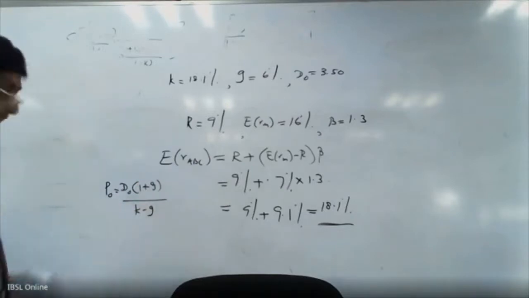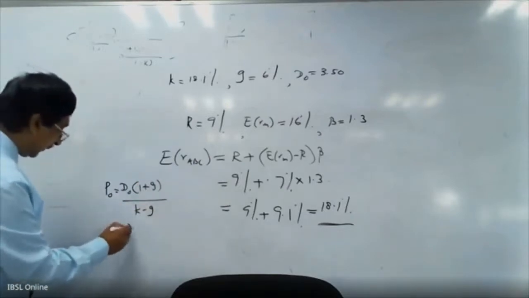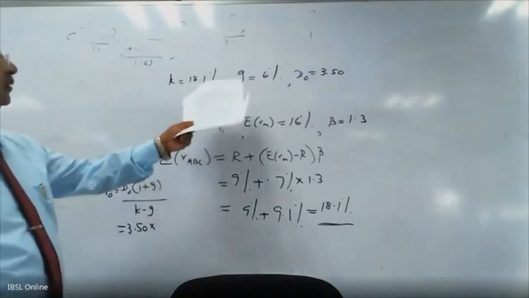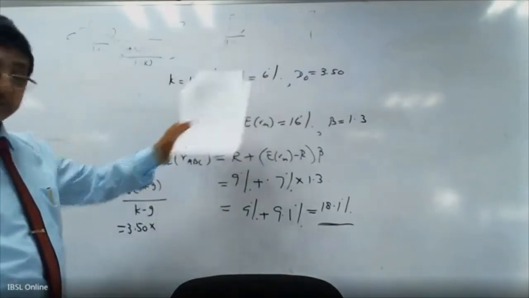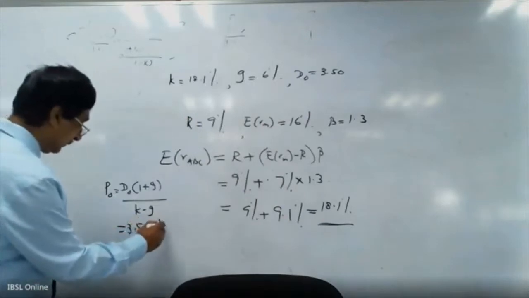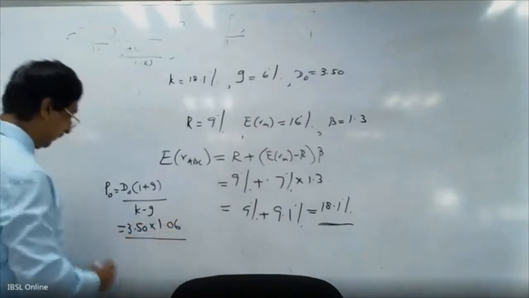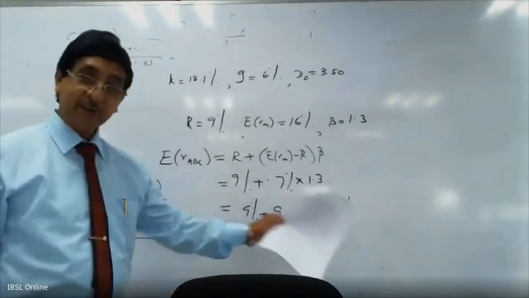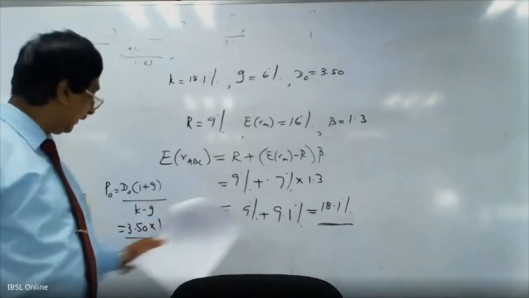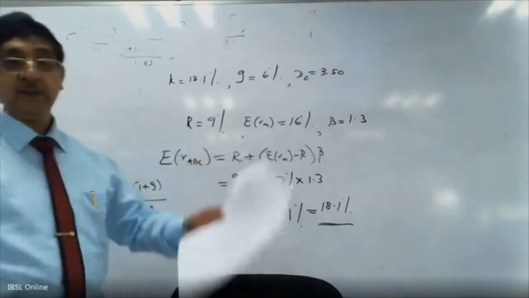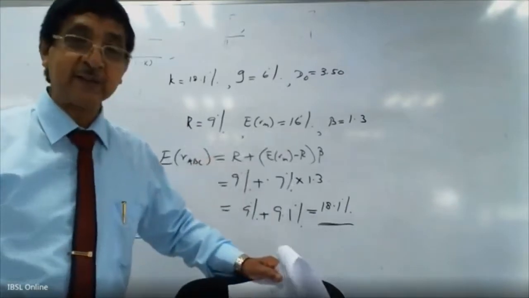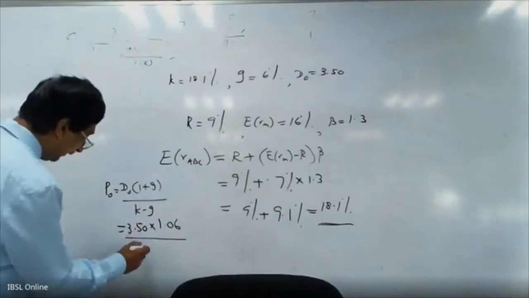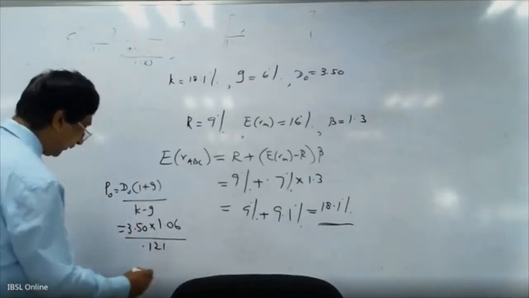This is the formula. So what is D0? 350 into 1 plus G is 1 plus 0.06, that is 1.06, divided by K minus G. K is 18.1%, G is 6%. 18.1 minus 6 is 12.1%. 12.1% in decimal form is 0.121.